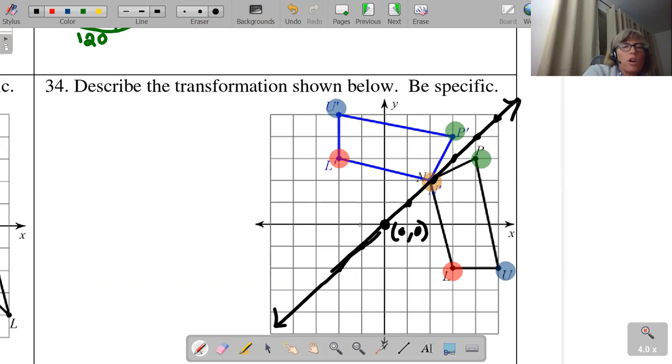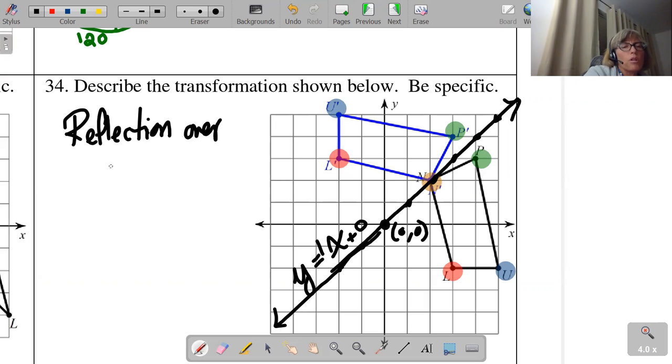We're reflecting across the line, and this line is simply y equals x. Why? Because my slope is 1 and my intercept is 0, so we just call it y equals x. So this one is a reflection over y equals x.